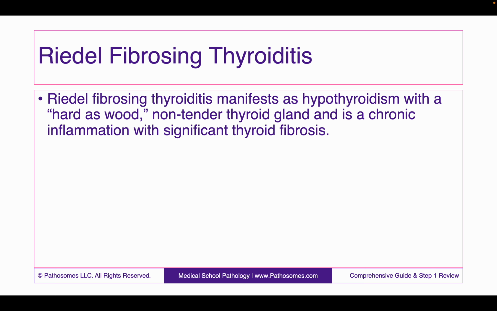Now, there's a different condition that is lower yield, but you're shooting for the stars, so you want to know this. Riedel fibrosing thyroiditis. Riedel fibrosing thyroiditis manifests as hypothyroidism with a buzzword, hard as wood, non-tender thyroid gland, and is a chronic inflammation with significant thyroid fibrosis.